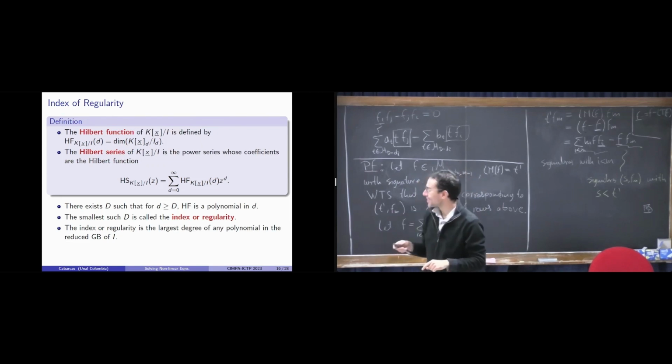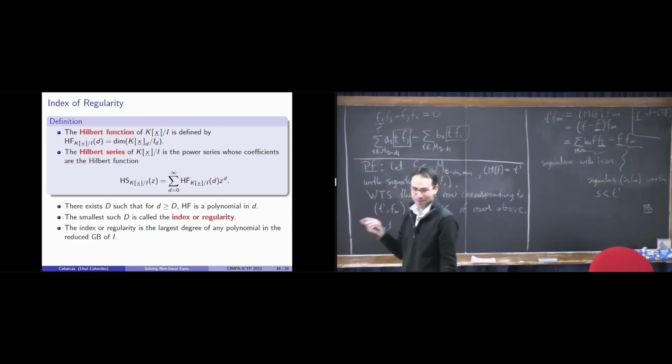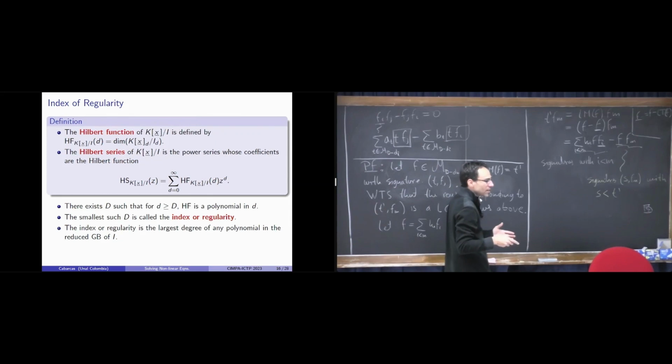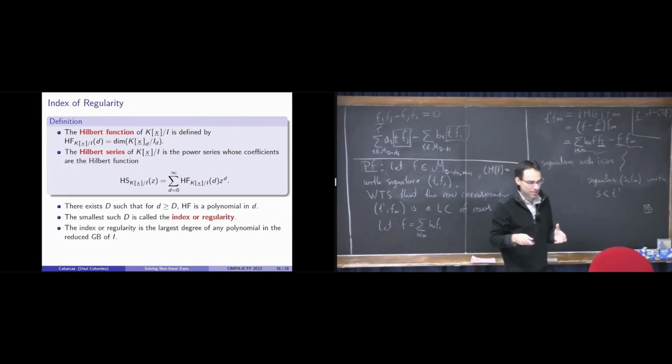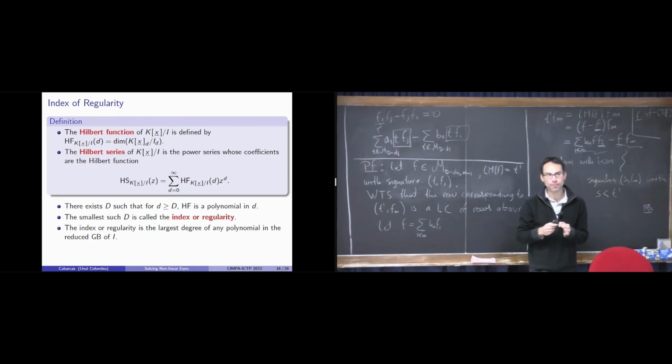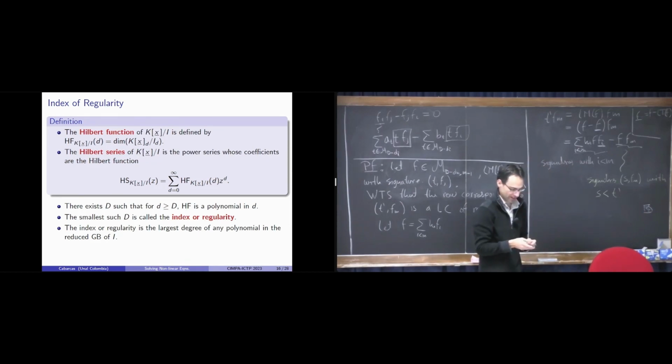However, the only way we know how to compute the index of regularity is to find the Groebner basis. So that's not very good, except that there are some systems for which we do know how to predict the index of regularity.